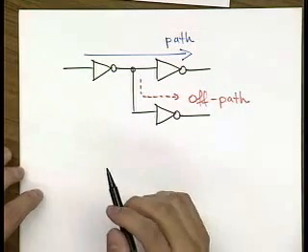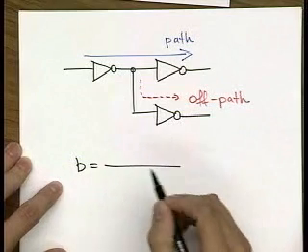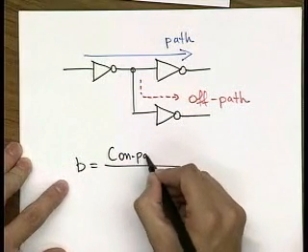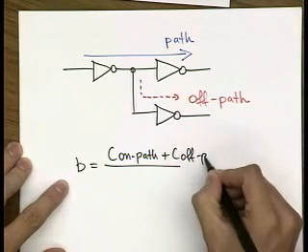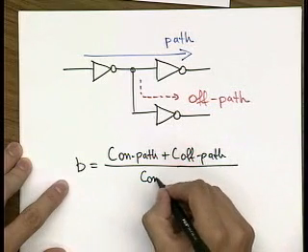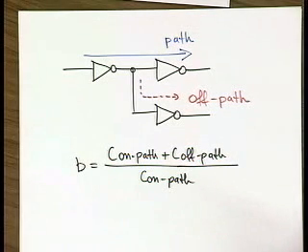So now at this node, what we define is the ratio of the total capacitance divided by this C on path. And this is called the branching effort for a gate.